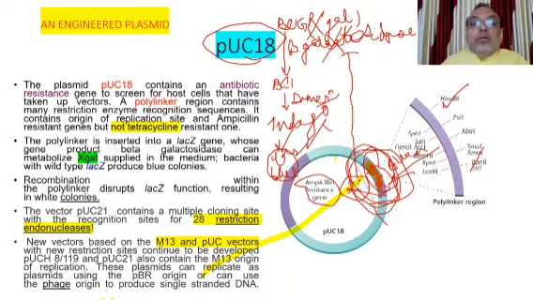So that is how this selectable marker is being used in pUC18, and the selectable marker ampicillin is also there. But this lac-Z site, which codes for beta galactosidase, is very important.